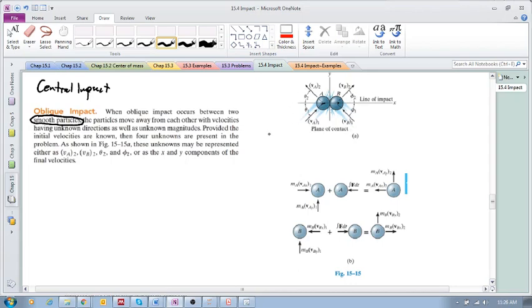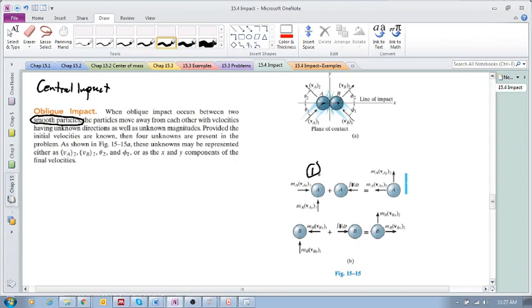Now, what are the concepts that we need when we're trying to solve for this? Well, if we break up this system into the two particles and we analyze just particle A, we will see that initially at state 1, particle A has both a horizontal and a vertical component of momentum, an X component and a Y component.